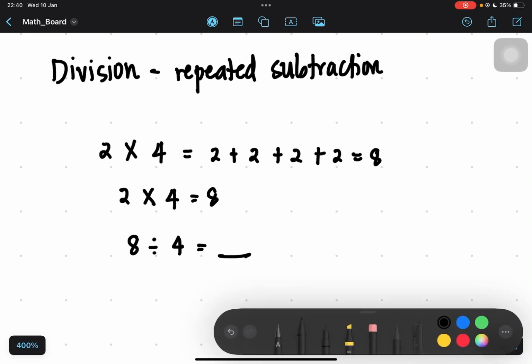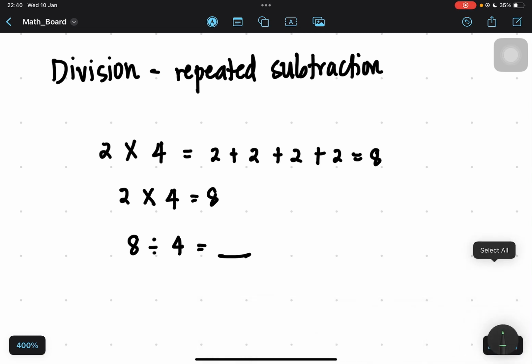By looking at the operation of multiplication, we have obtained the value of 2, since 2 multiplied by 4 is equal to 8. But how is 2 obtained? Why is 8 divided by 4 equal to 2?